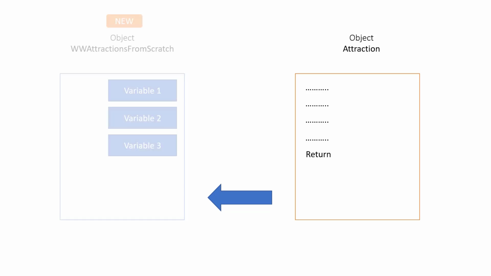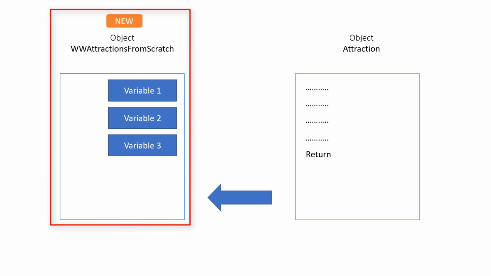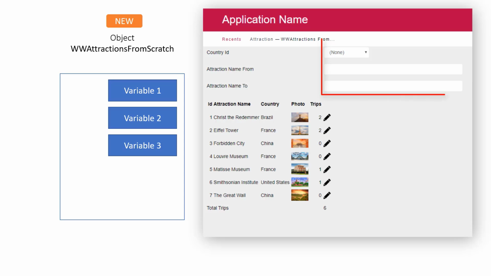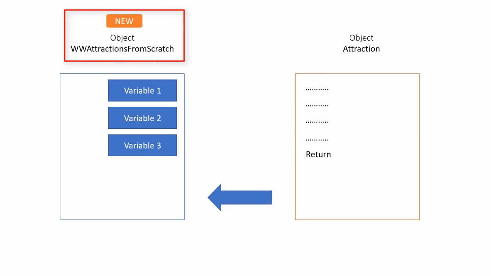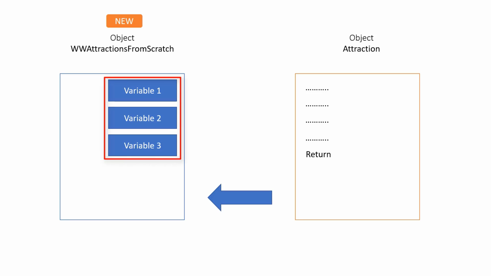Then, when returning from the transaction to the web panel with the return command, the latter object and its variables will be recreated. This is why the filter values are no longer displayed. It's actually a new object. Also, the variables used as filters have been created again. The ones existing before invoking the attraction object were destroyed.